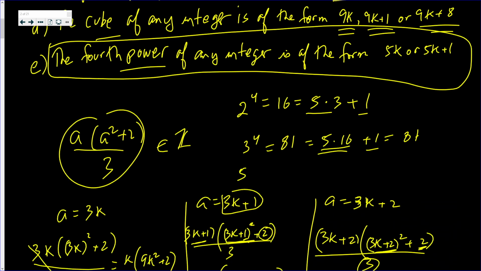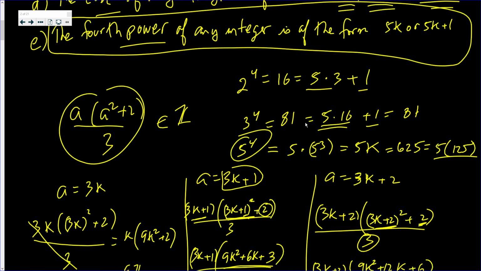And of course, if you take 5 to the 4th, well, this is 5 times 5 cubed, which is of the form of 5k. I mean, 5 cubed is 625, which is 5 times 125. It's a multiple of 5.